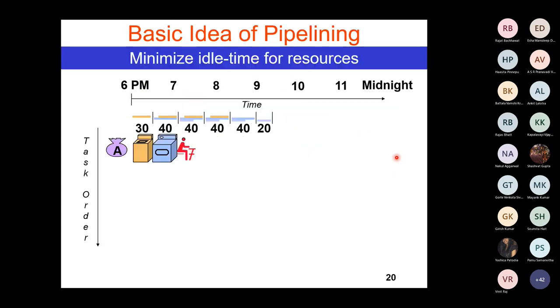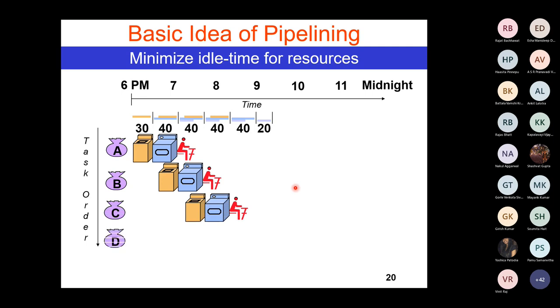In the basic idea of pipelining, user A arrives and takes 90 minutes. But as soon as the washer is free, B starts his or her laundry here, and this continues.